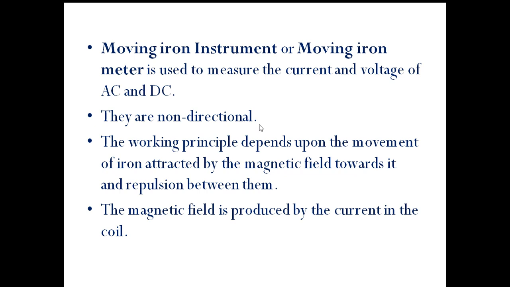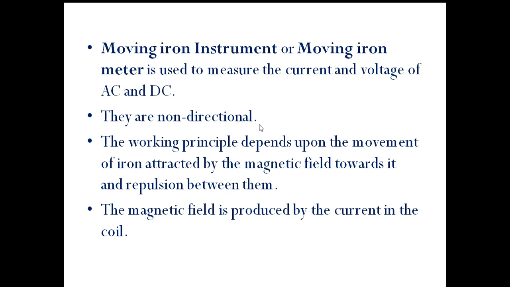The working principle depends upon the movement of iron attracted by the magnetic field, or the repulsion between them. That means the type of force existing between the iron piece and the conductor may be attraction or repulsion. The magnetic field is produced by the current in the coil.